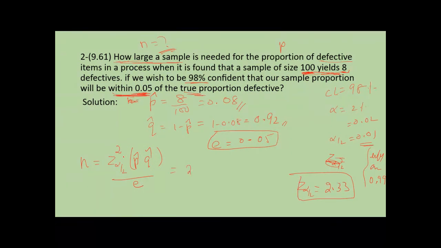There will be a square for us. 2.33 squared, P cap is 0.08, Q cap is 0.92, divided by 0.05 squared. Evaluate this one. You will find the sample size and round it up to the nearest integer. You find n is equal to 160 after rounding up.